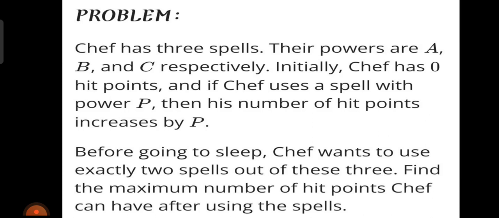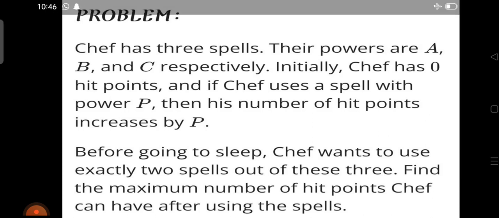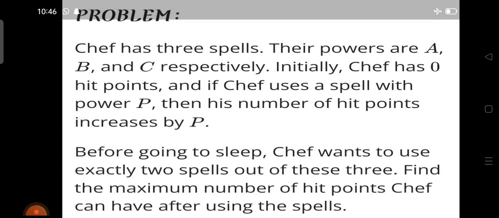Initially, Chef has 0 hit points, and if Chef uses a spell with power P, then his number of hit points increases by P. Before going to sleep, Chef wants to use exactly 2 spells out of these 3 spells. Find the maximum number of hit points Chef can have using the spells.